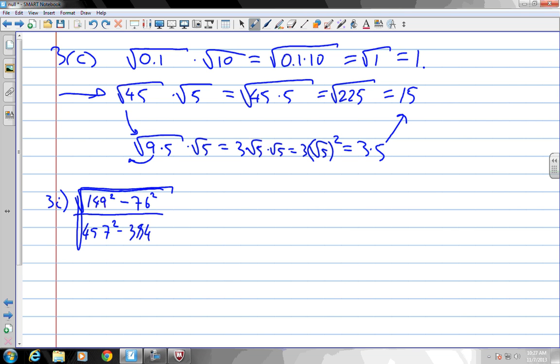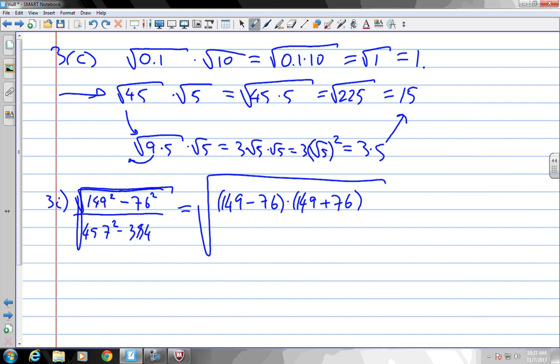And in your notes, we did go over some of that in class, that you cannot just drop all the squares. Doesn't work like that. You have to turn minuses into products. And that's the difference of squares formula. So you have to use the difference of squares formula, which gives you 149 minus 76 times 149 plus 76, right?